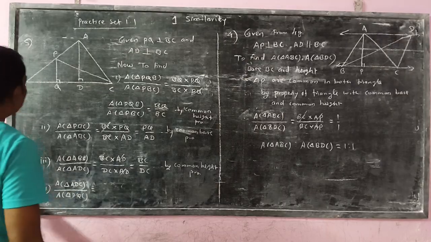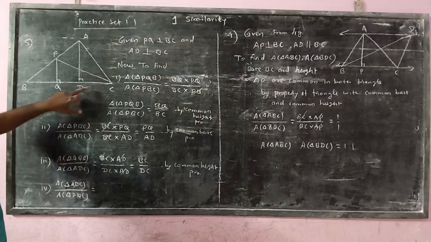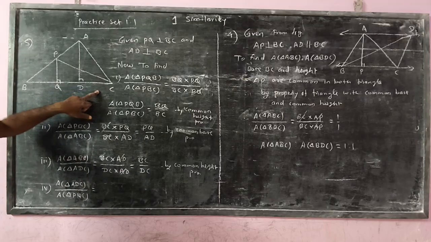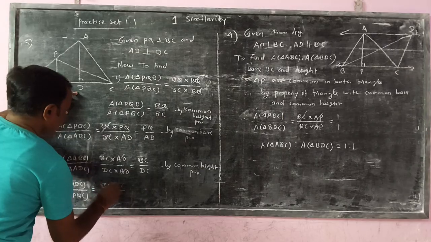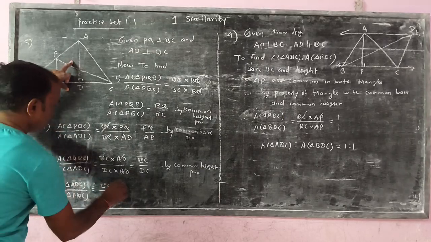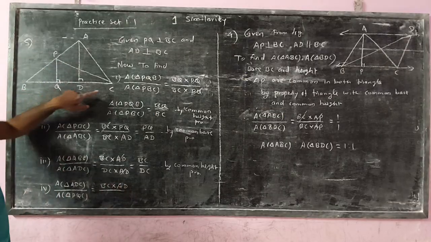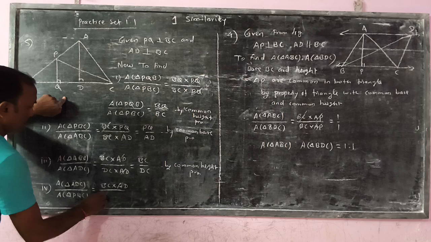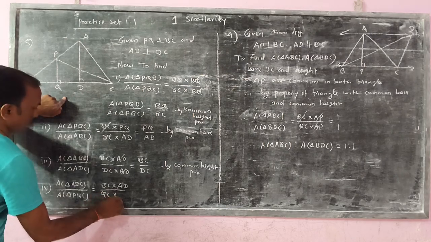From the figure, in triangle ADC the base is DC into height AD, and in PQC the base is QC into height PQ.